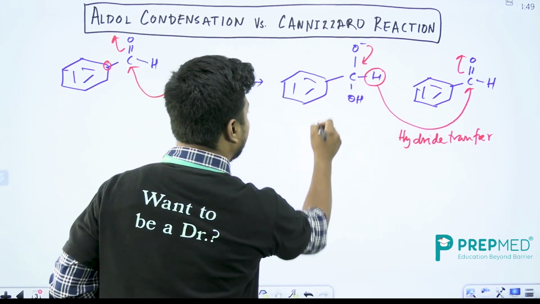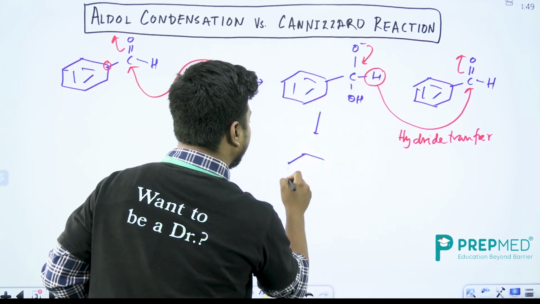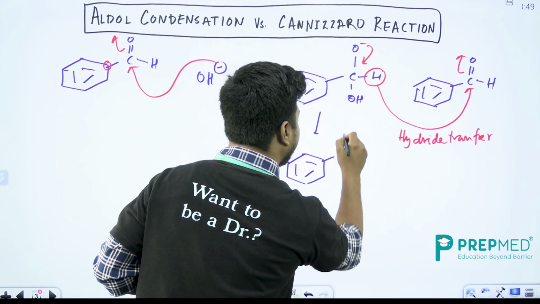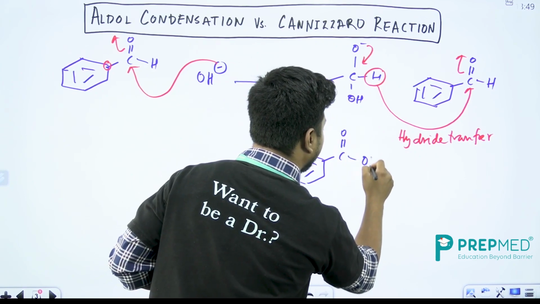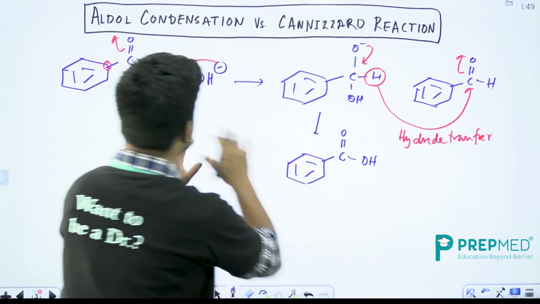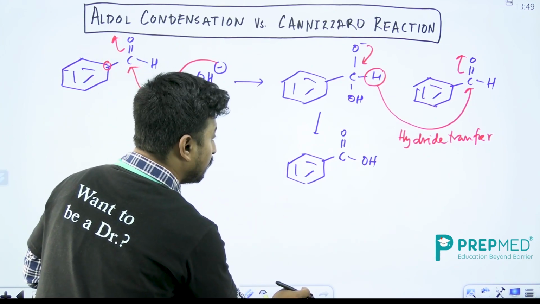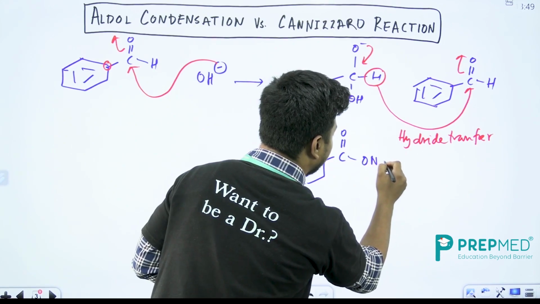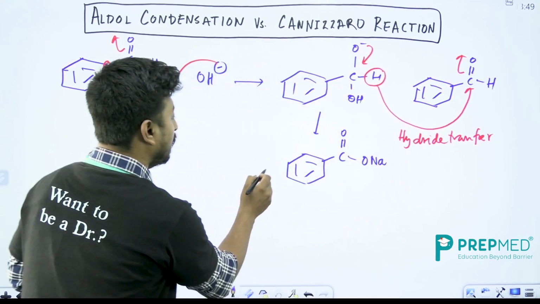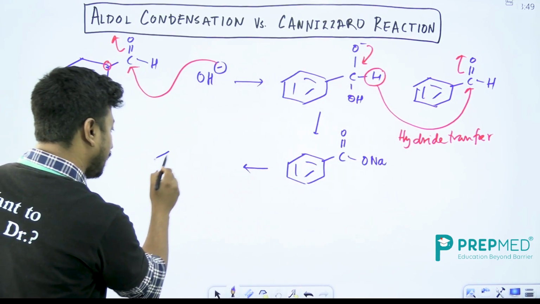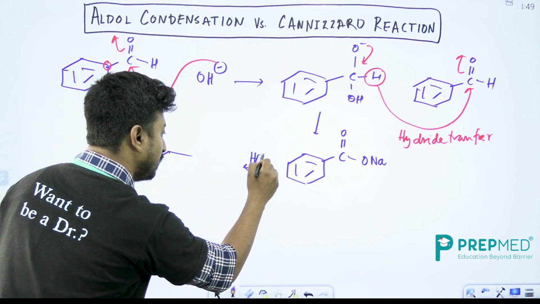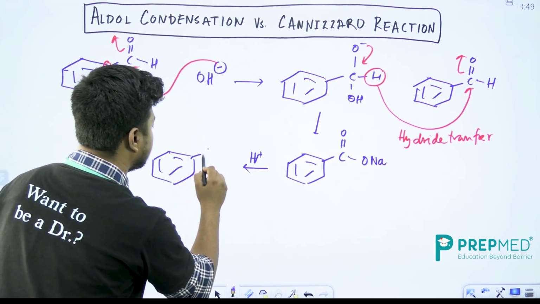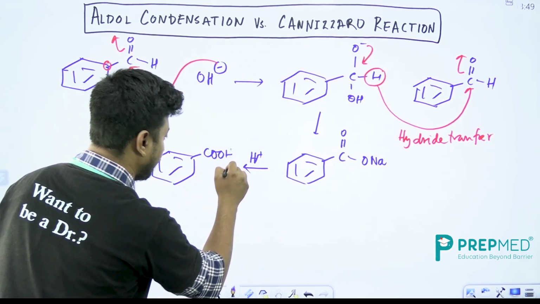This particular molecule converts to the corresponding acid. But since it's an alkaline medium, it will stay as the sodium salt, which upon acidification converts into the corresponding benzoic acid.